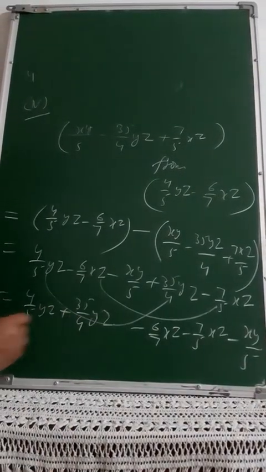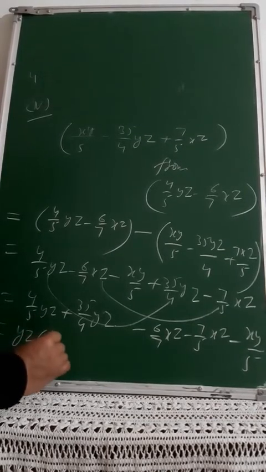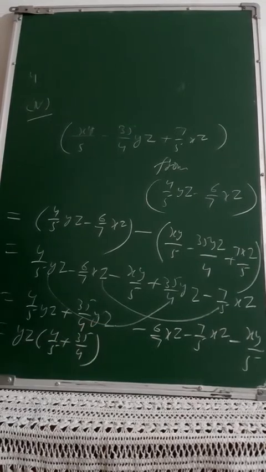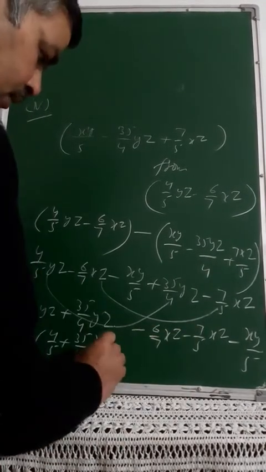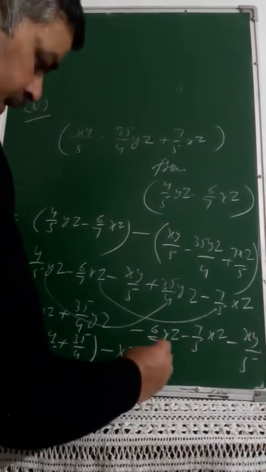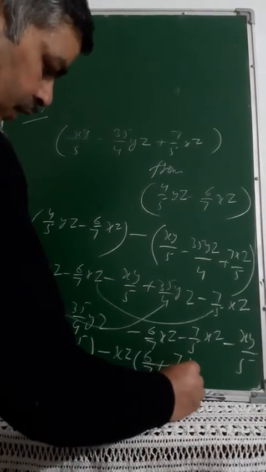Now in these two you can take yz common, and inside the bracket you will be left with 4 upon 5 plus 35 upon 4. Then in these two, if you want to take minus common, you can take minus xz common. So inside the brackets you will be left with 6 upon 7 plus 7 upon 5.